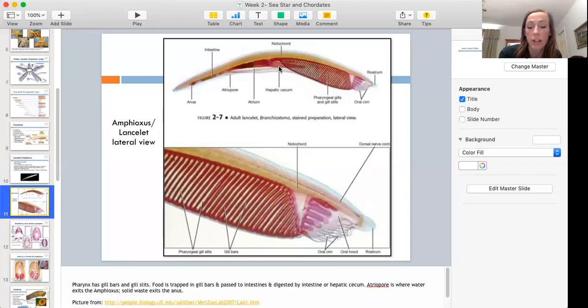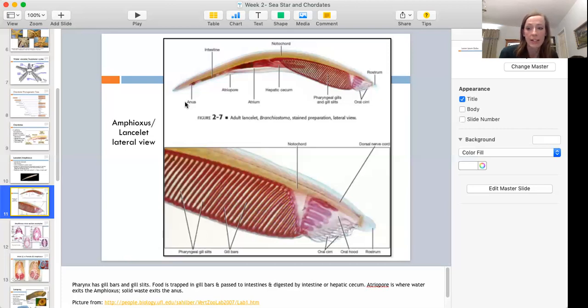A lot of the digestion of glycogens and fats and storage of those is conducted through the hepatic cecum. And then as the food continues, it will travel down through the intestine. You've got some more absorption of nutrients from the food, and waste will exit through the anus.